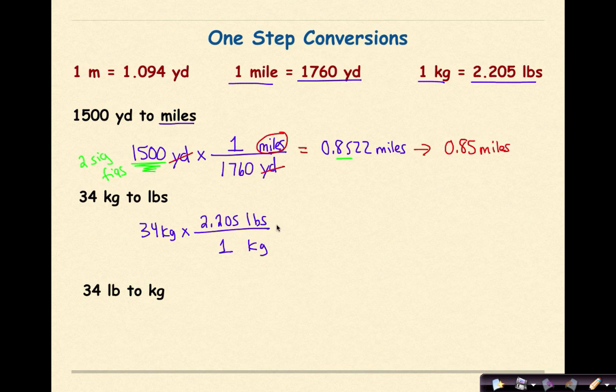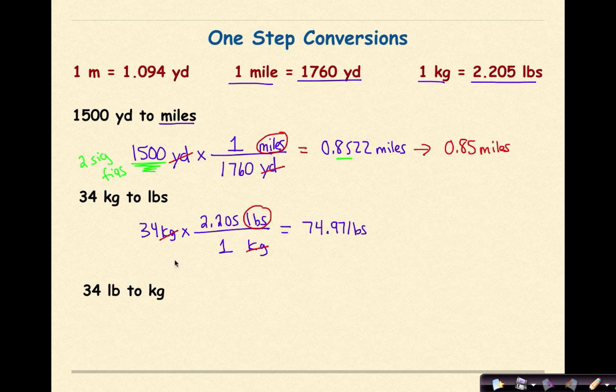And now what we are going to do is make sure that we have set this up correctly. Kilograms cancels kilograms. I'm left with pounds, which is what I want. I am going to do 34 times 2.205. And when I do that, out pops in my calculator 74.97 pounds, roughly.